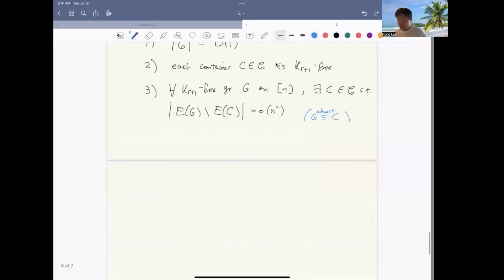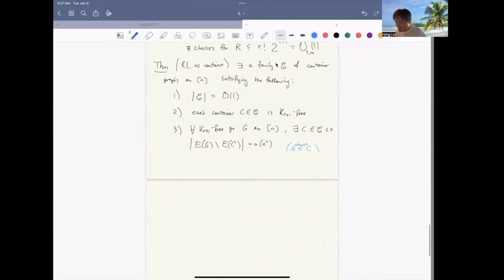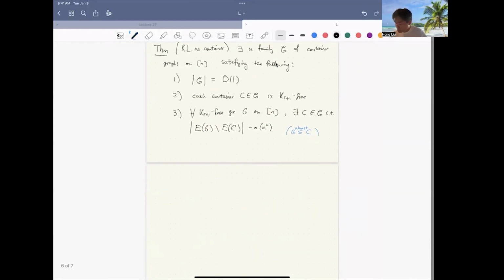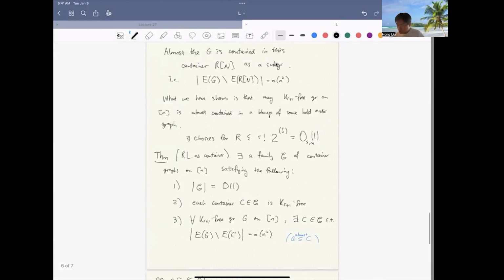Good, this is the lemma. Now we can prove Erdős, Kleitman, and Rothschild. The proof is very simple, given this container from the regularity lemma. Proof of Erdős, Kleitman, and Rothschild. So what do we need to prove? Let's recall.